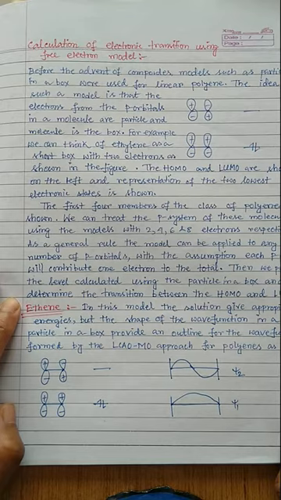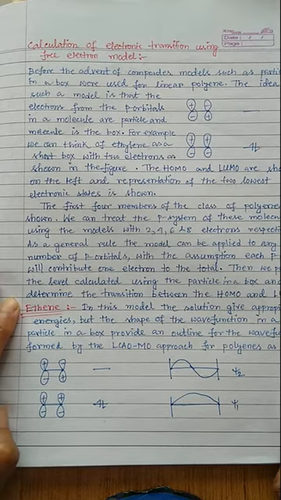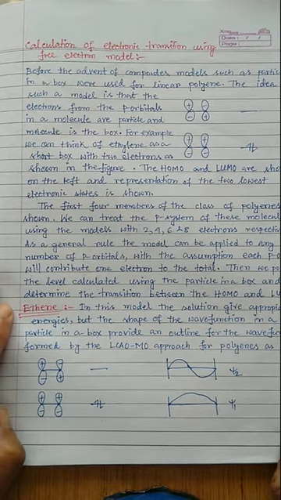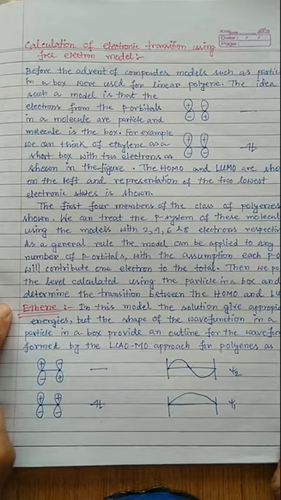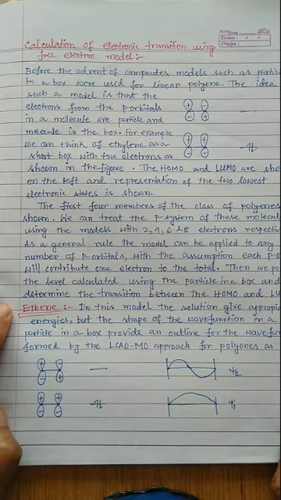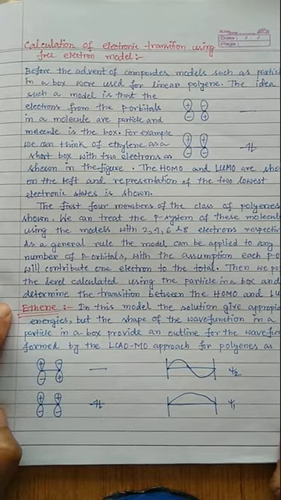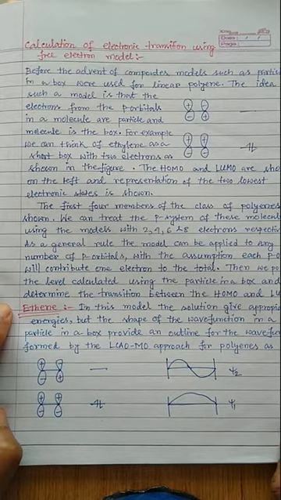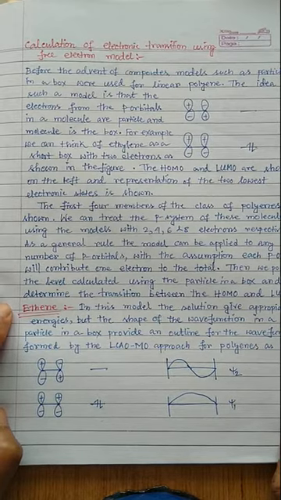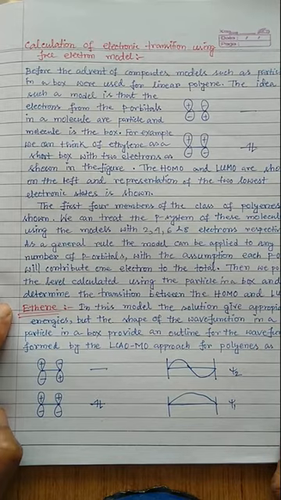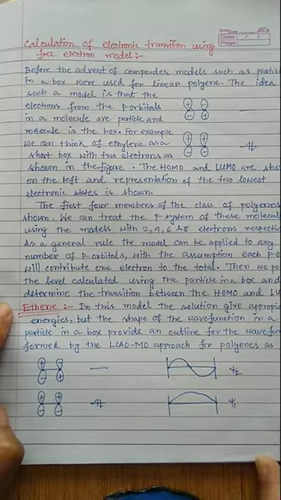So this is very similar to a particle in a box, where the length of the molecule is just like the length of the box, and the particle is basically the pi electrons, which move along this length and cannot go outside the length of the molecule. So let's start the discussion.